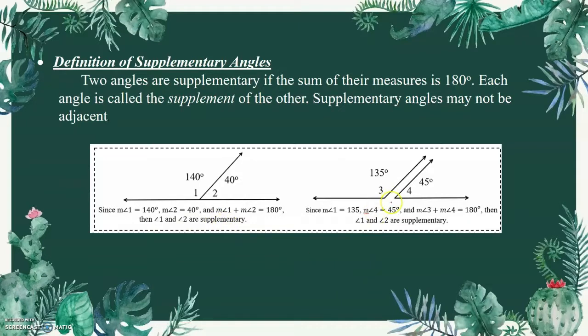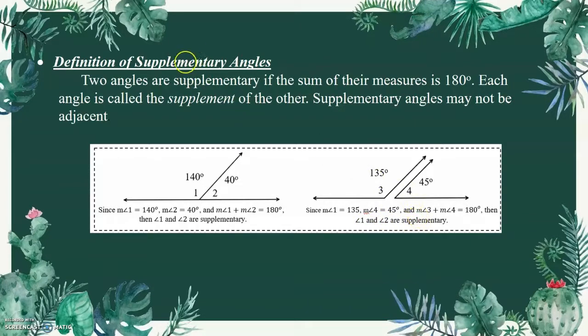Okay? Now, we also have here angle 3, which measures 135 degrees, and angle 4, which measures 45 degrees. Now, if we add the measure of angle 3 plus the measure of angle 4, it will sum up to 180 degrees. Then, angle 3 and angle 4 are supplementary angles.